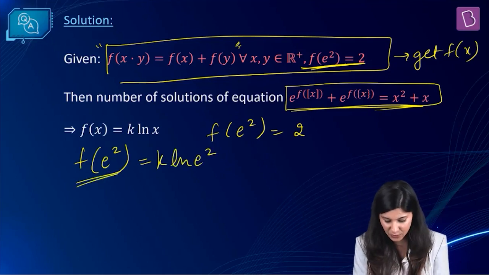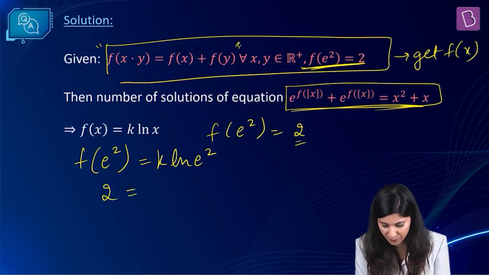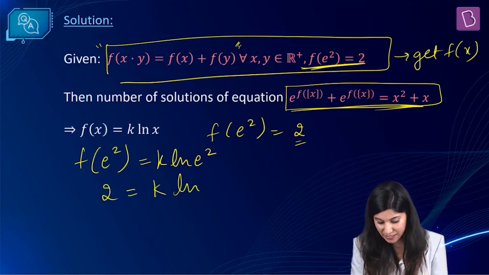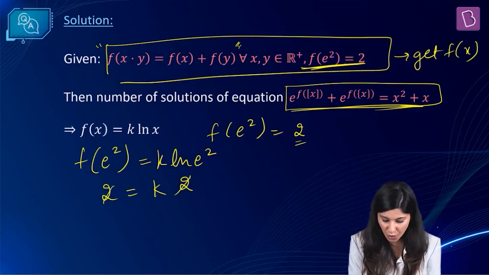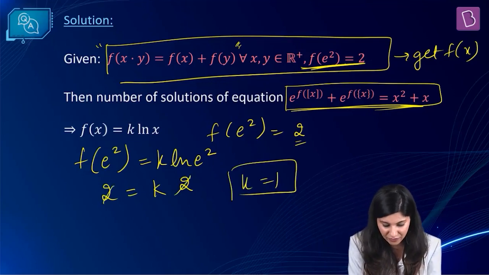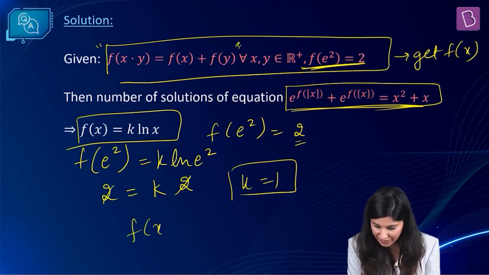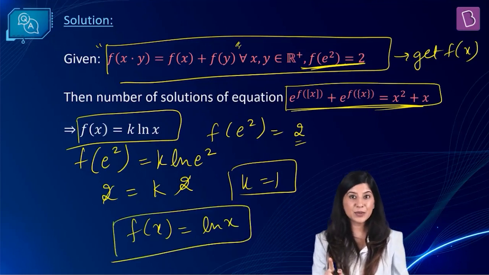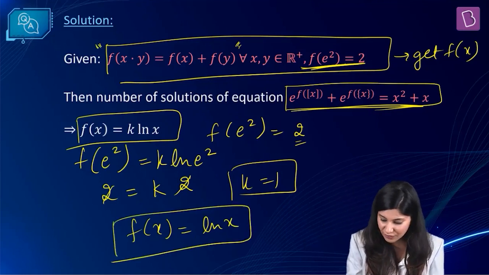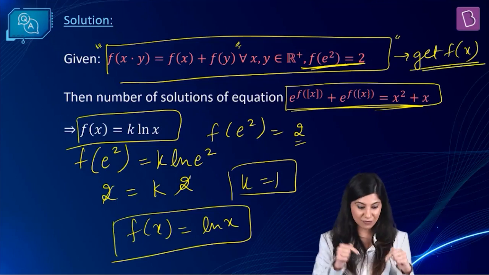And this f of e square I'm going to replace by 2. 2 is equal to k times ln e square, and ln e square is 2. So 2 gone, that means k equal to 1. If k is 1, then our f of x is equal to just ln x. So see, I told you, from the first half of the question, we need to get f of x. We've got f of x.